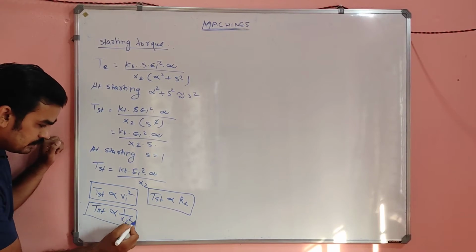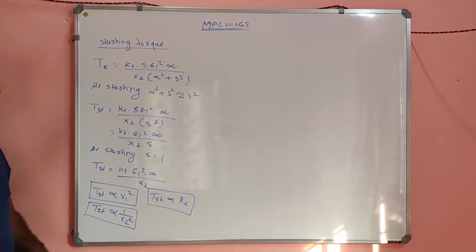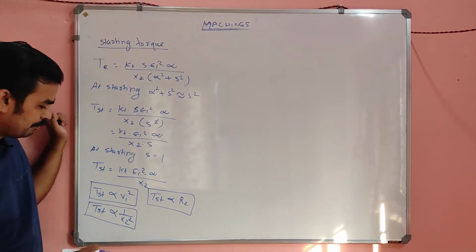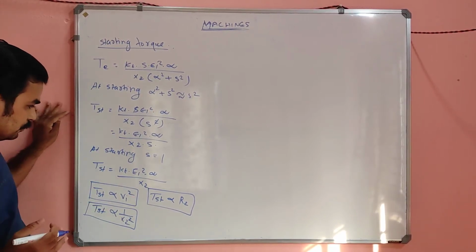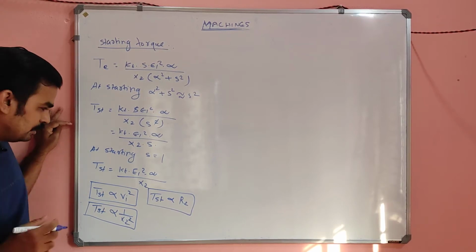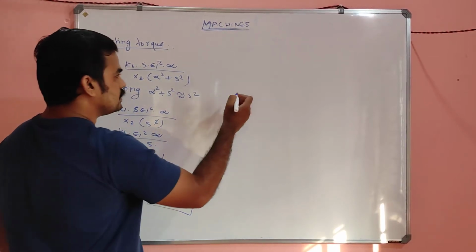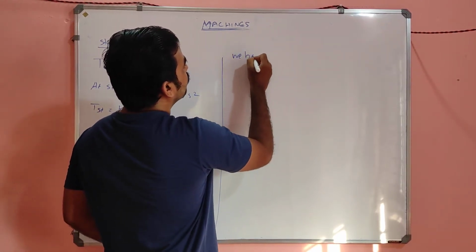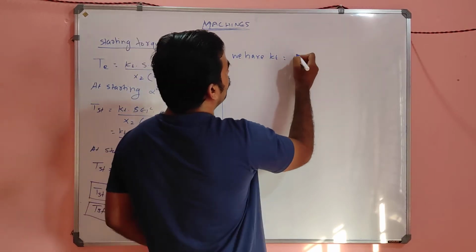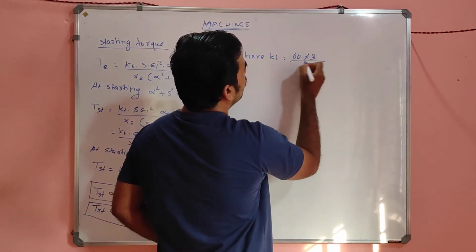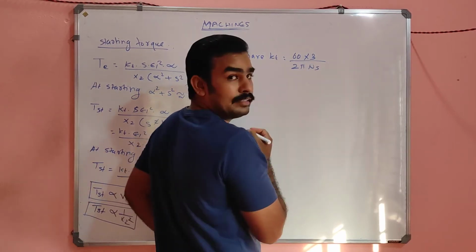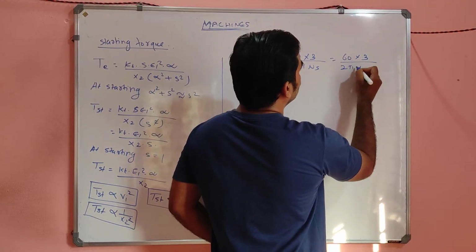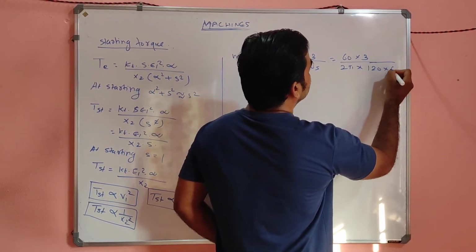So T start is inversely proportional to X2 square, because alpha has R2 by X2. So T start is proportional to R2. I can also write, we have KT equal to 60 into 3 divided by 2 pi into ns, which is nothing but 120 f by p.